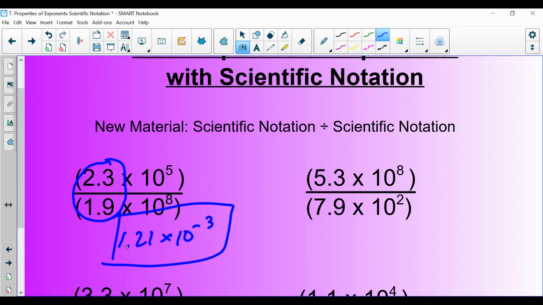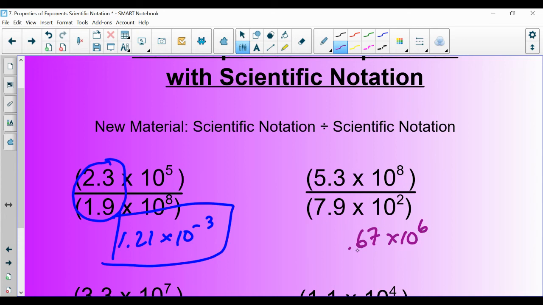It's really nice when the number is already between 1 and 10, but in this one, that's not going to be the case. When you divide 5.3 and 7.9, you're going to get about 0.67 times 10. Remember, when you have the same base and you're dividing, you subtract their exponents, so times 10 to the 6th power.